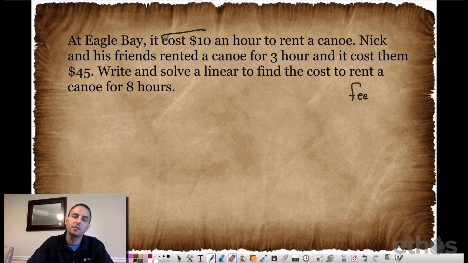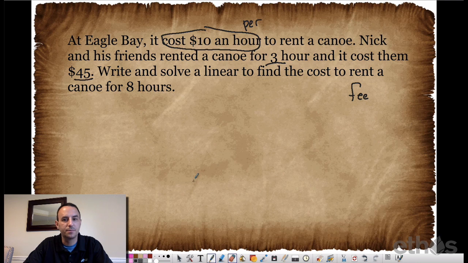We've got the cost of $10 an hour, there's my per statement, per hour, and we have a point, 3 hours, $45. So X is equal to hours, so it's first, and then Y is equal to cost. That makes sense because $10 an hour, that's 3 hours.